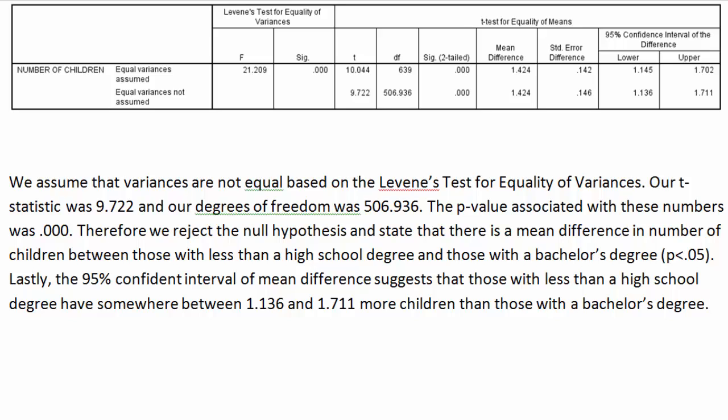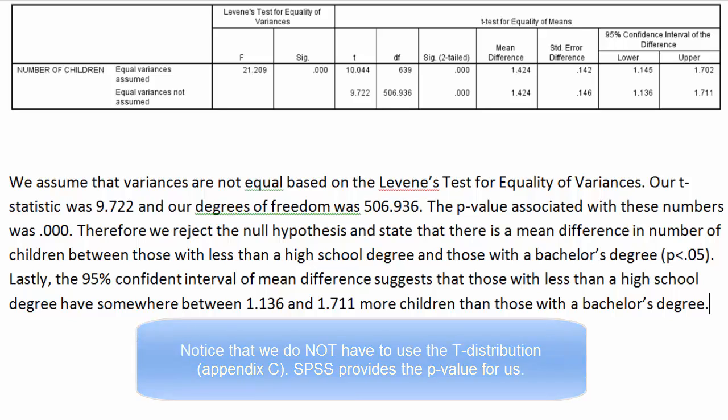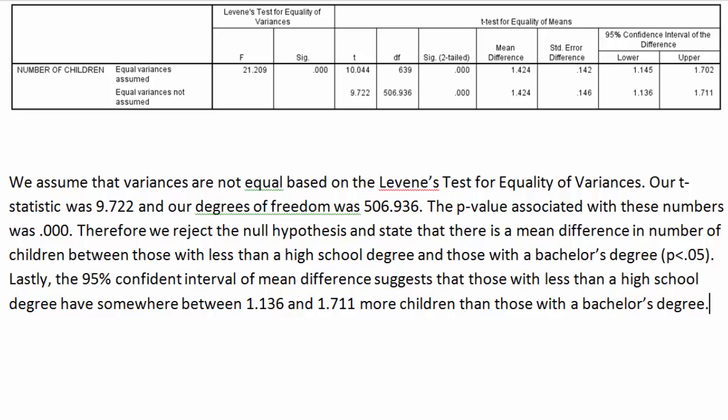Now we can start talking about the t-statistic and degrees of freedom, etc. I say our t-statistic was 9.722 and our degrees of freedom was 506.936. The p-value associated with these numbers was 0.000. Therefore, we reject the null hypothesis and state that there is a mean difference in number of children between those with less than a high school degree and those with a bachelor's degree.